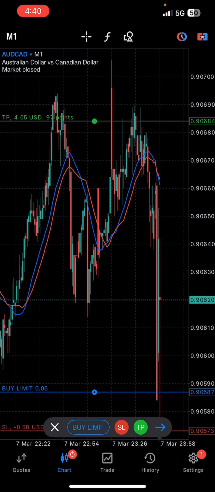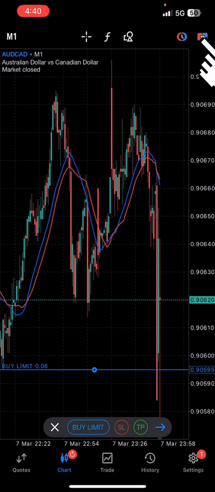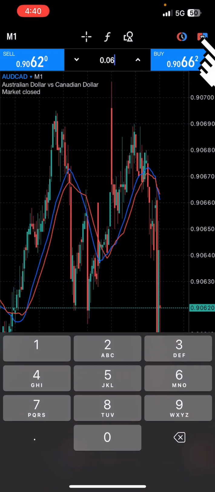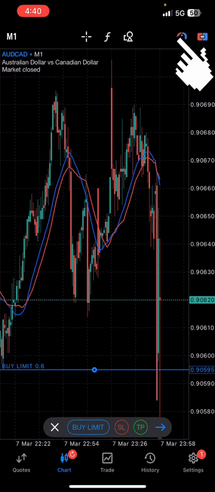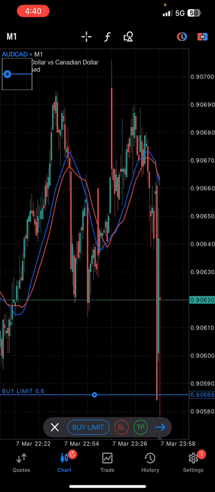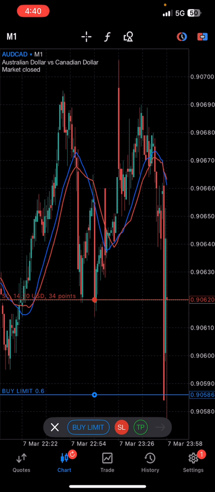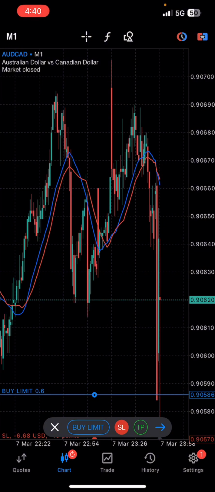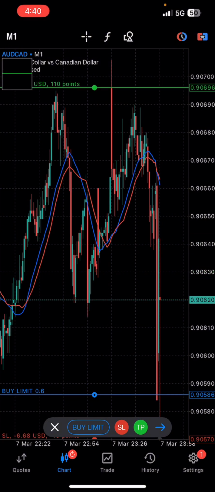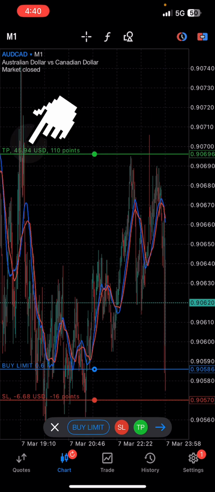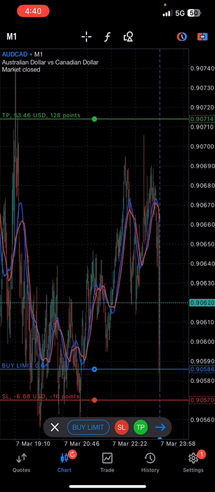If you think that's small and you want to increase your risk, you can just click on this square and change your lot size to maybe 0.6. Click on it again. Then let's say your buy limit is here, your stop loss is here. That's how much you will risk if this market doesn't go in your favor. As you can see, the stop loss has increased to 6, and then your take profit is now like $45, $50 if the market eventually goes in your favor.